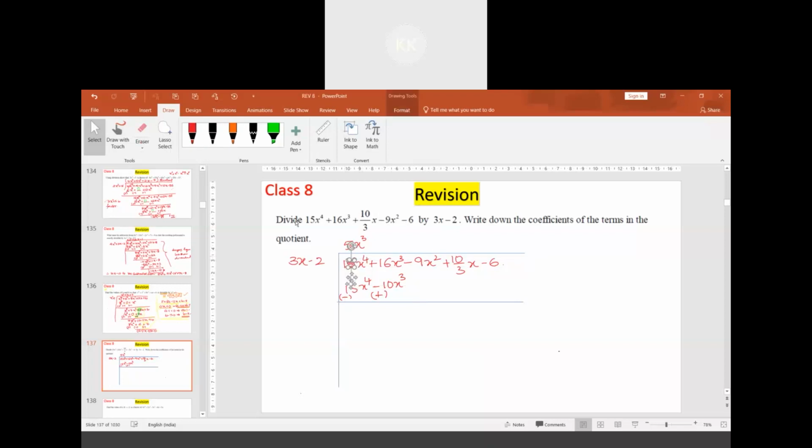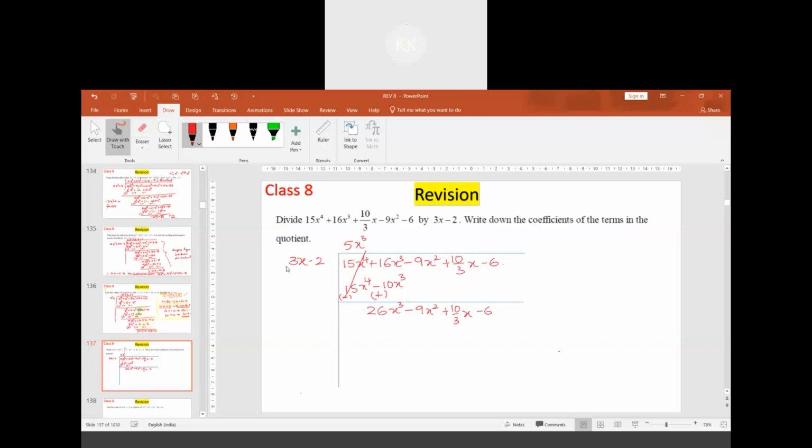This term will get cancelled. So 16 plus 10 is 26. 26x cube minus 9x square plus 10 upon 3x minus 6. Now we have 26x cube.